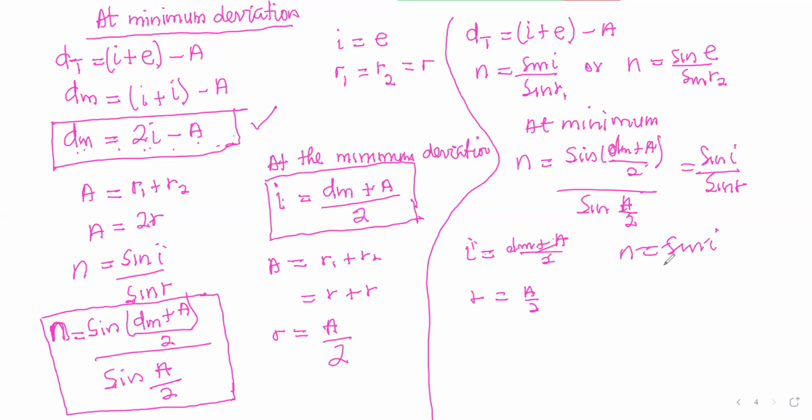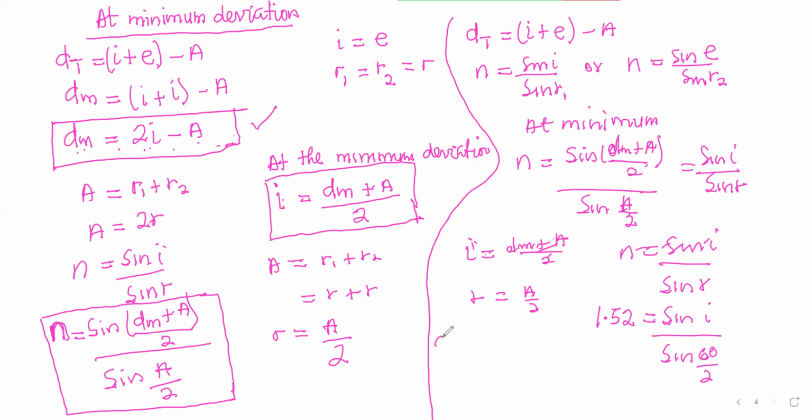So if I want to use sine I over sine r, I have 1.52 is equal to sine I over sine r. I need r, but do I have the refraction angle? Yes, that is 60. So 60 over 2 means that r is 30.